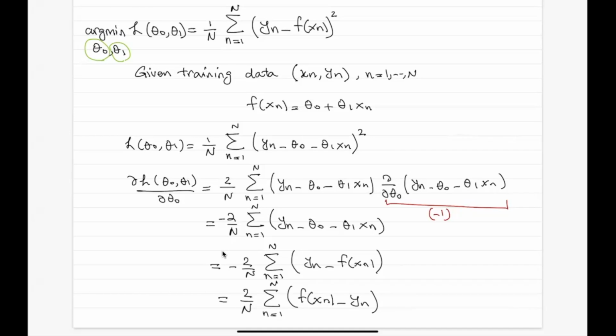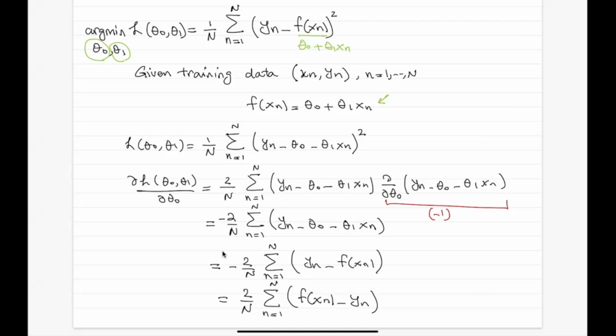And if you're wondering, this function f of xn is a function of theta 0 and theta 1. Again, I'd like to emphasize that in this case, these xn and yn's are fixed and given to us. This is part of our training data that is provided to us, and also this is the model assumption that we have.